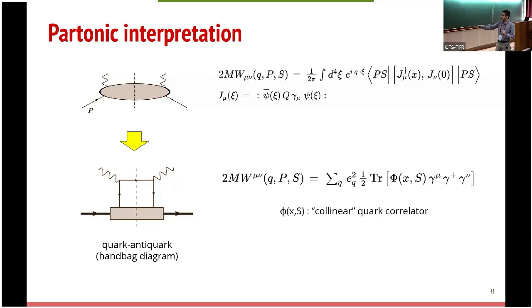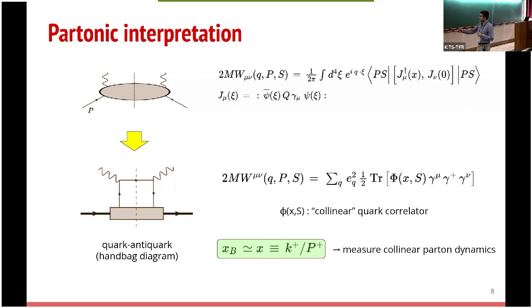The handbag diagram can be described as a trace over Dirac indices of some gamma matrices here and a correlation function phi. Phi is a function of x and the spin of the target. So this x here is the variable that measures the collinear motion of the quark with respect to the target, the parent hadron.